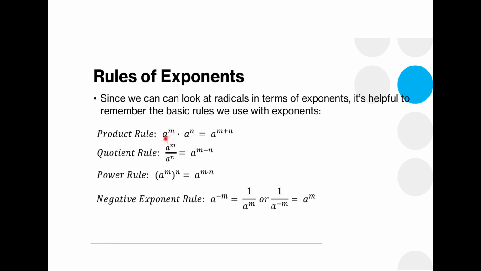we see here that as long as we have a similar base raised to different powers and we're multiplying those, we can put them with one base and then add the exponents.